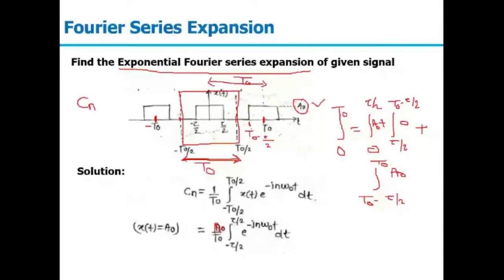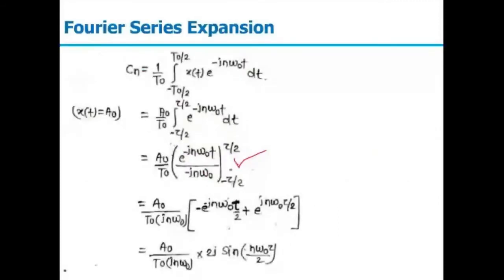We will solve the integration. So this will be e to the minus j n omega naught t divided by minus j omega naught. We will put the limit. This will become our sine function. Now we can convert this sine into a sinc function. What is sinc? Because we have studied that sine theta upon theta is nothing but our sinc function, right? So theta is n omega naught tau by 2.